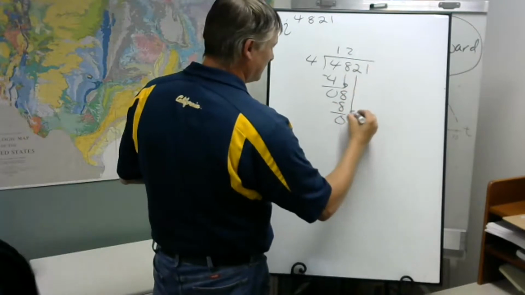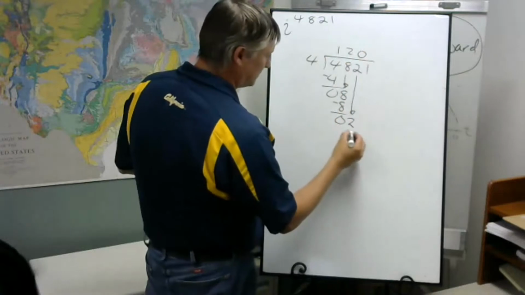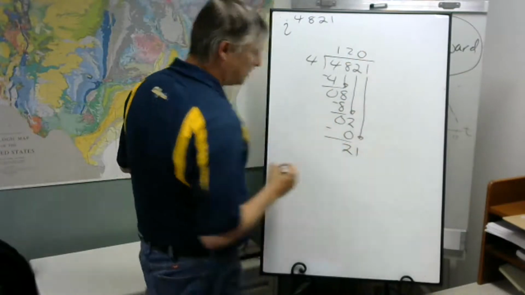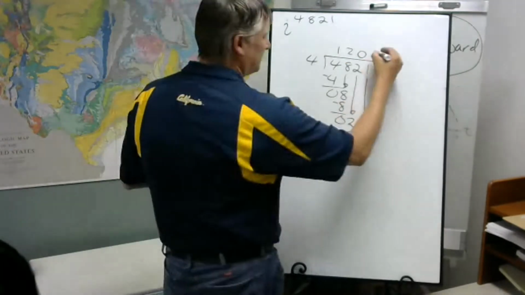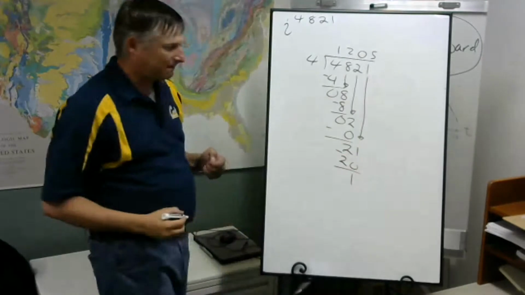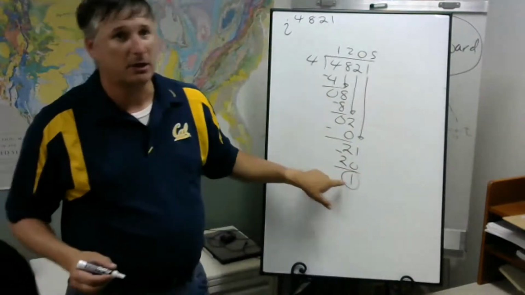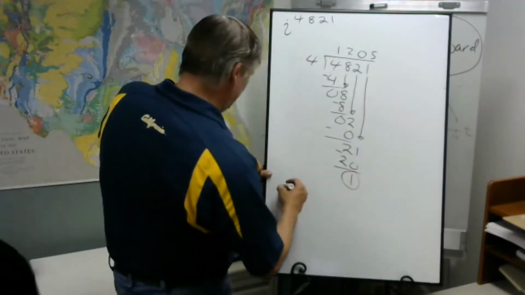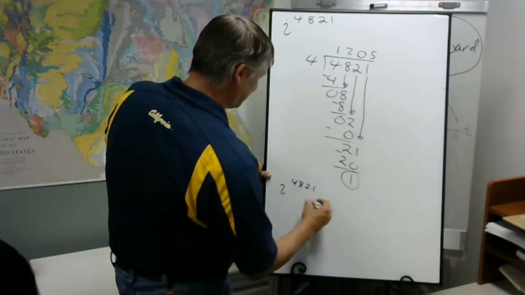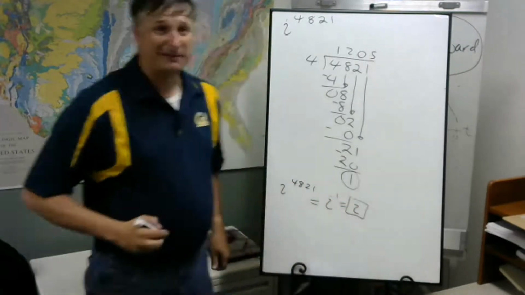Subtract, 0. Bring down the 2. 4 goes into 2 0 times. 0 times 4 is 0. Subtract, it's 2. Bring down the 1. 4 goes into 21 at most 5 times. It's 20. Subtract, it's 1. And this is purely coincidence. You don't always get a remainder of 1. What you'll get is i to the 4,821 is equal to i to the 1, or just i.